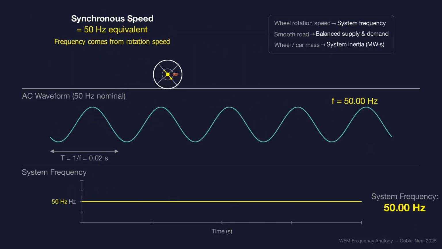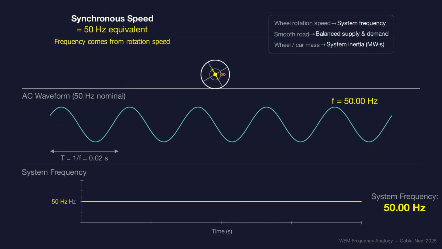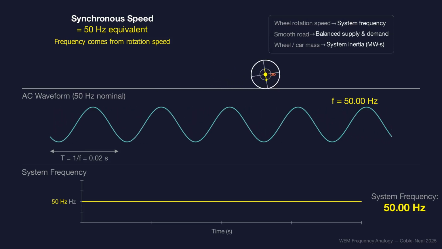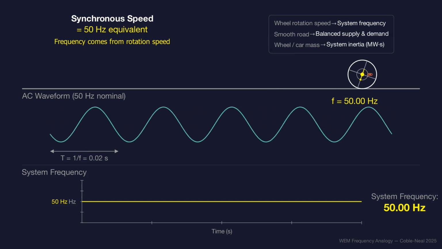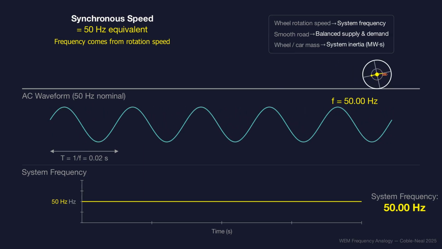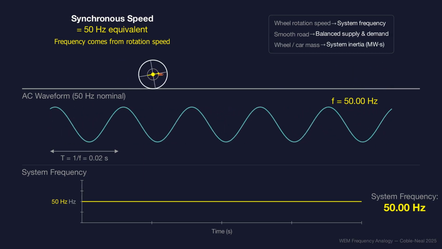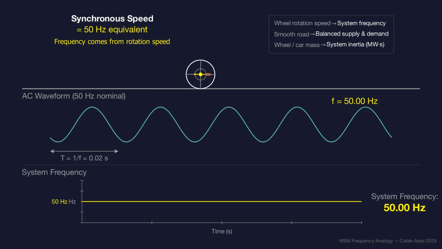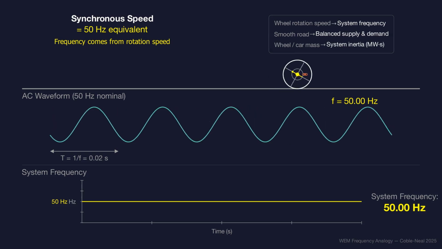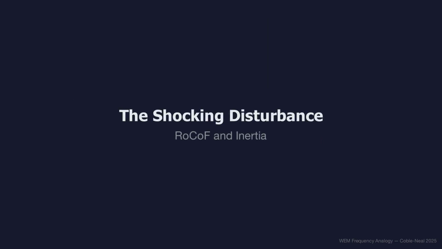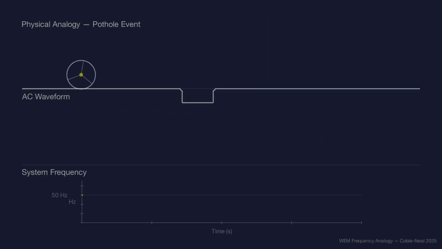Now that we have the key concepts in place, let's go back and take a look at the ideal state. We'll call this the baseline case. To make it easier and more intuitive, we can think of a wheel rolling along a perfectly smooth road. There are no bumps, so the AC waveform is smooth and the frequency is steady. Now let's introduce a pothole in the road.